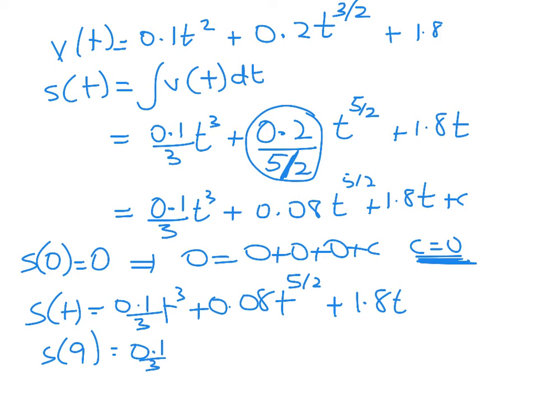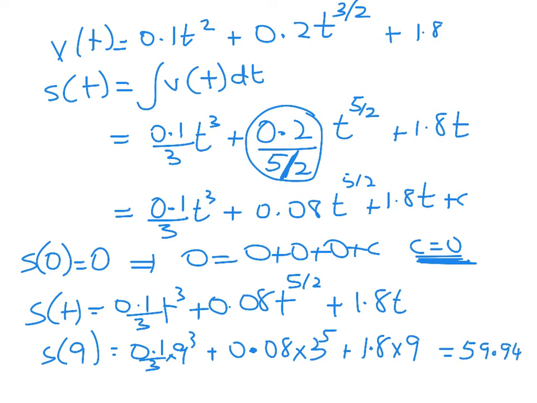Well, this is where you grab the calculator and work it out. 0.08, the square root of 9 is 3, so that's 3 to the power of 5, plus 1.8 times 9. And you put all that in your calculator and out comes 59.94 metres. So that's how far the object's gone.